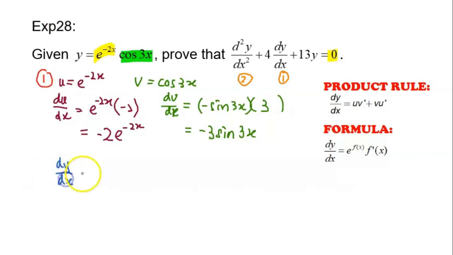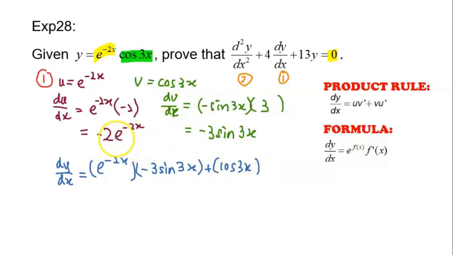dy/dx equals u times v prime plus v times u prime.